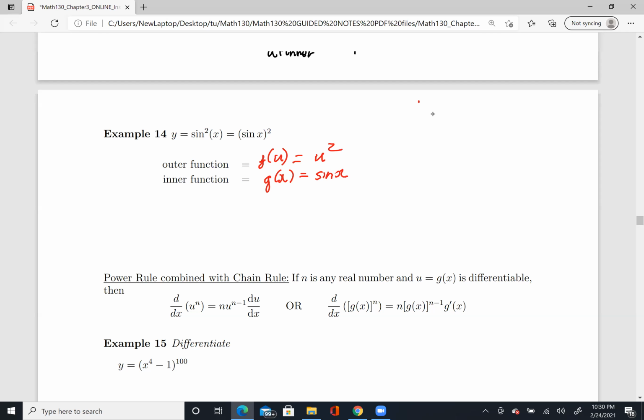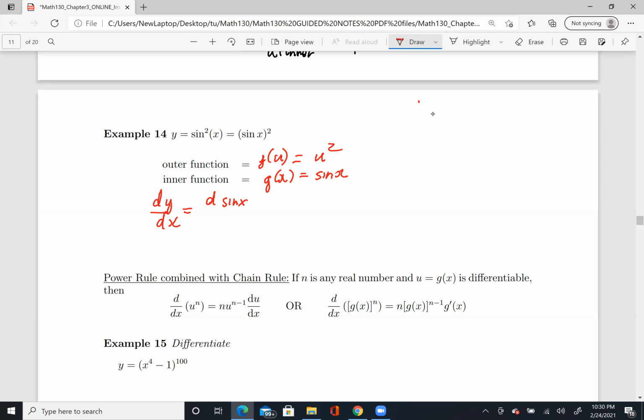So now I'm going to have dy dx, or the derivative of y with respect to x, equal to the derivative of sine x, everything squared, over dx, right?